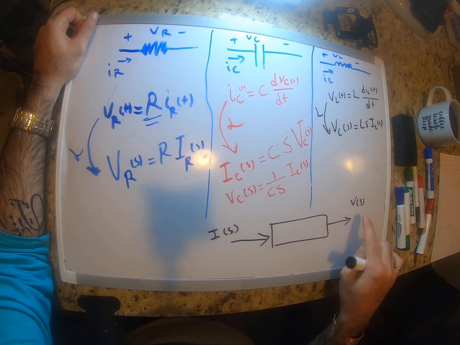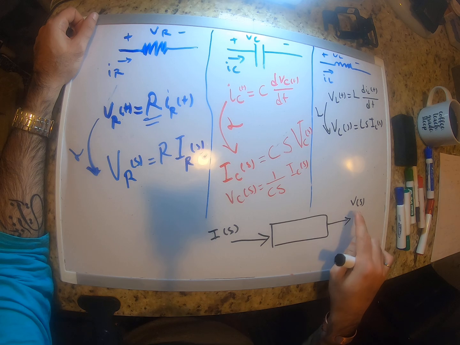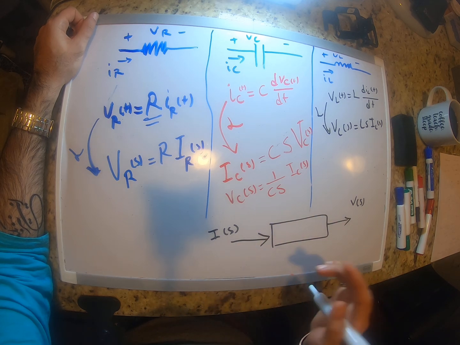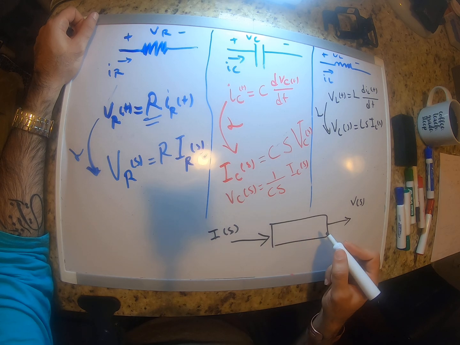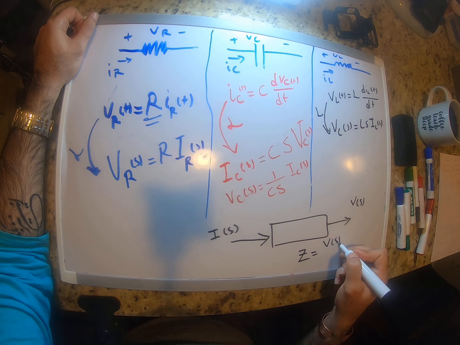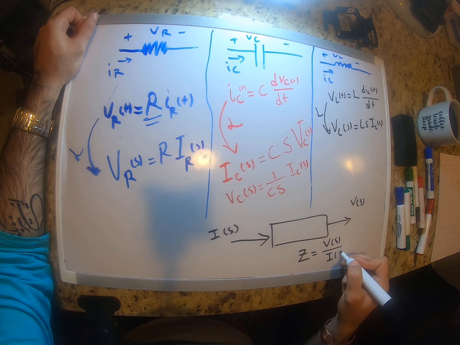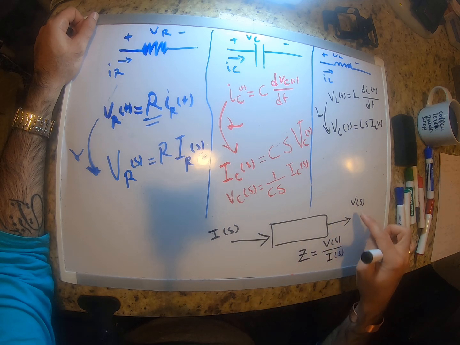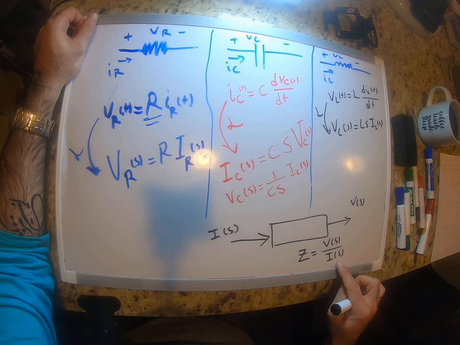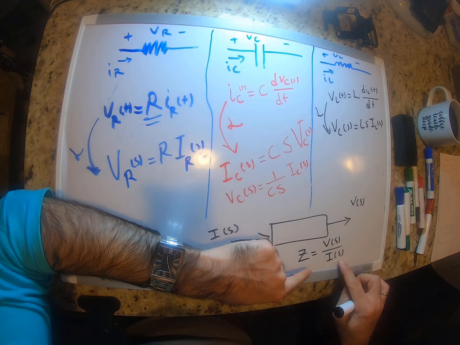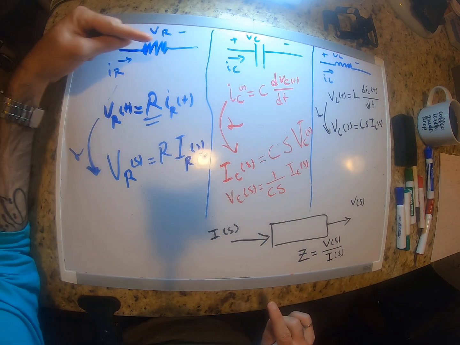We want to know the relationship between V and I. We called it impedance; if you remember from your circuit course, this is called an impedance. This is basically a transfer function that relates the output to the input, where we define the output as the voltage across the element and the input as the current that we inject into this element.